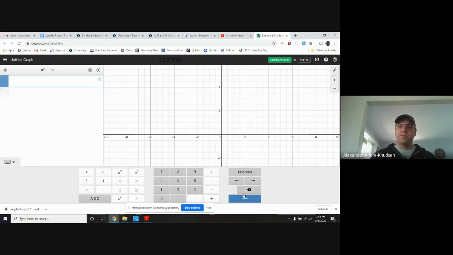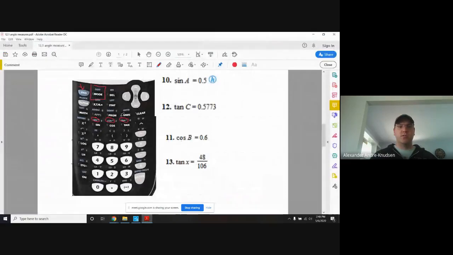Okay. But going back to, so how am I going to find this angle A? Well, if the sine of angle A equals 0.5, you're going to plug in the inverse sine to undo that. But then you have to do the same to the other side if you're solving for the angle.